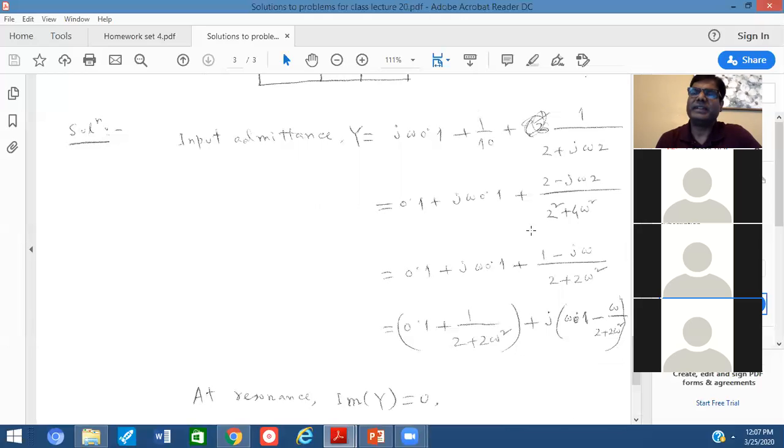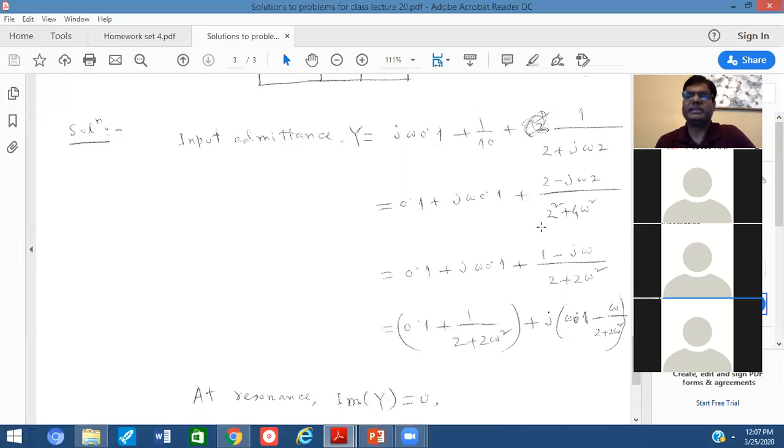Yes. So that from the denominator, j gets cancelled. Because I am multiplying by minus j omega 2, that's why j square, and j square becomes minus 1. Then ultimately it became plus. That's why you can write plus 4 omega square.